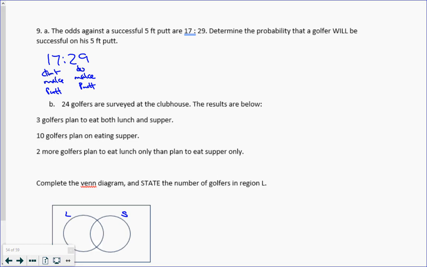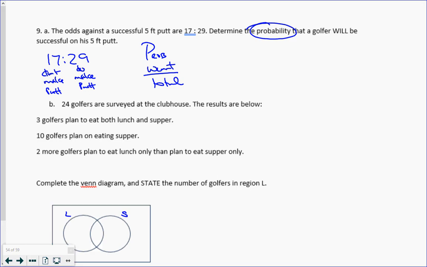Okay. Determine the probability. Okay, so probability is what you want to have happen over the total. Determine the probability that a golfer will be successful on his 5-foot putt.